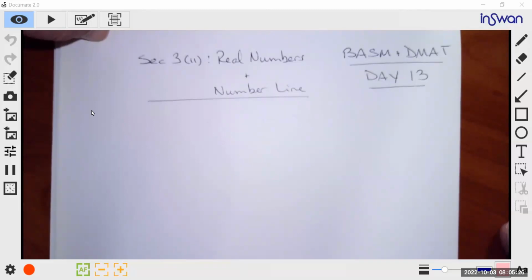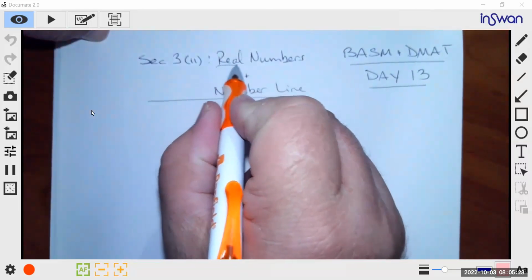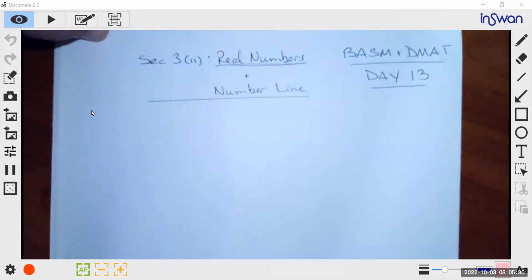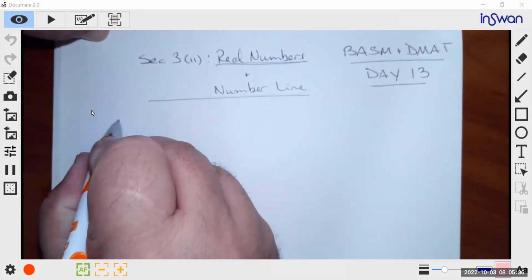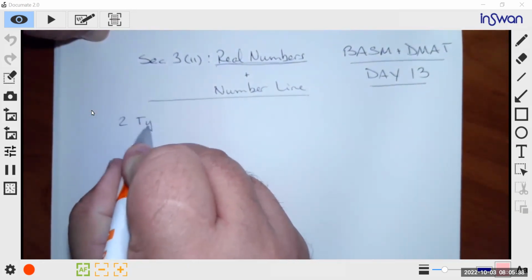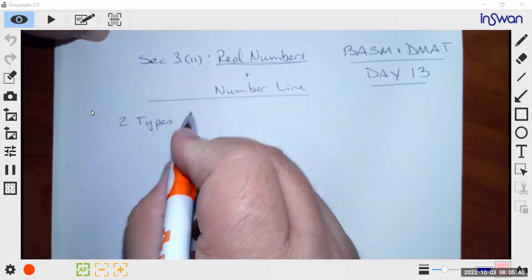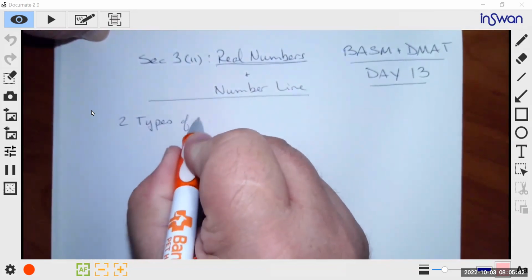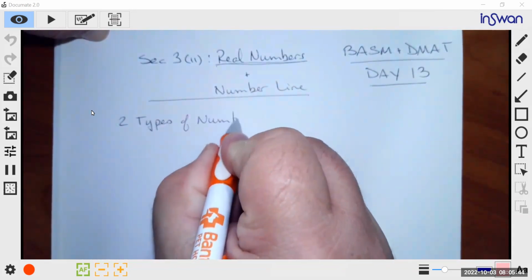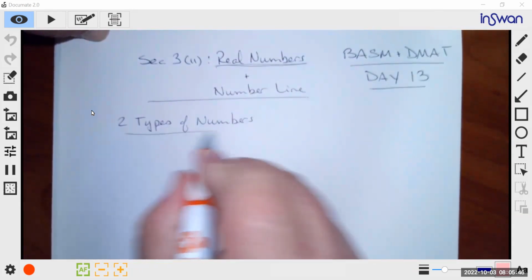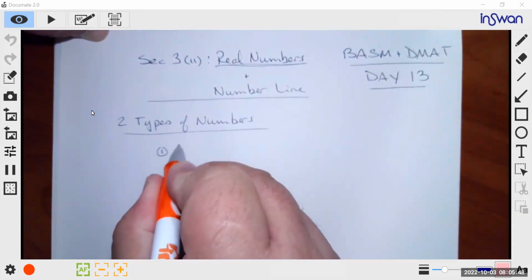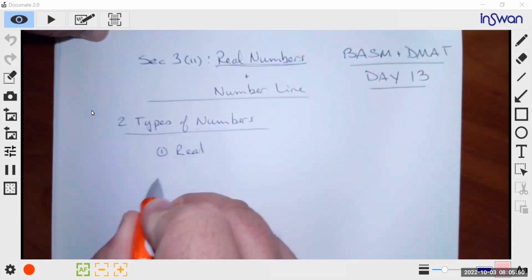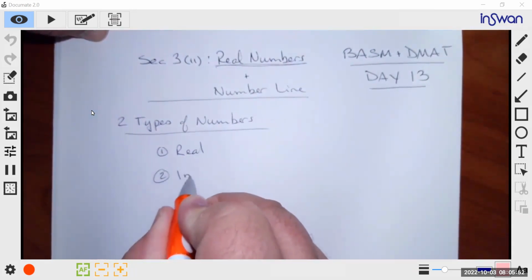What we have to first define is, what do we mean by real numbers? There are two types of numbers in our numeric system. There are real and there are imaginary.